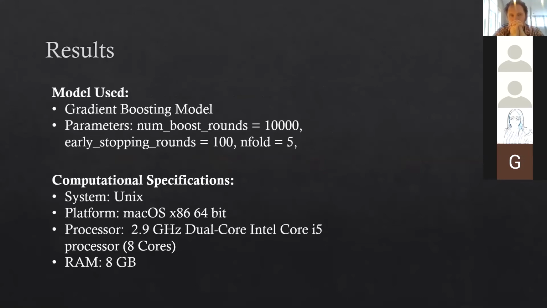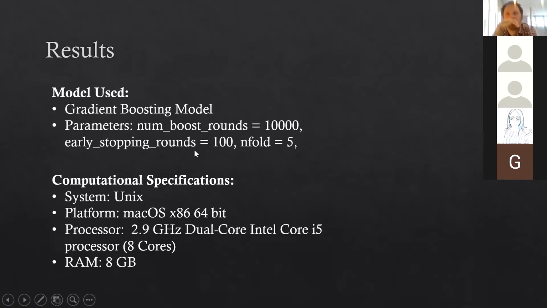So the model used here was the gradient boosting model. It is a tree-based algorithm which trains the model in a gradual, sequential, and additive manner. The parameters passed here were num boost rounds, which is the number of training rounds or boosting iterations that we need, which is around 10,000.